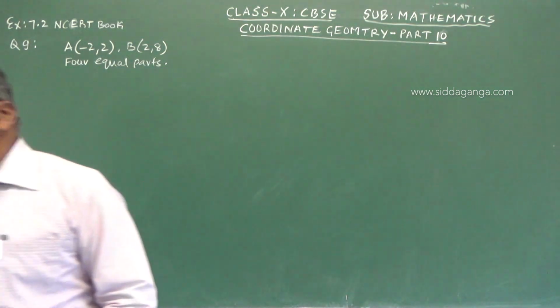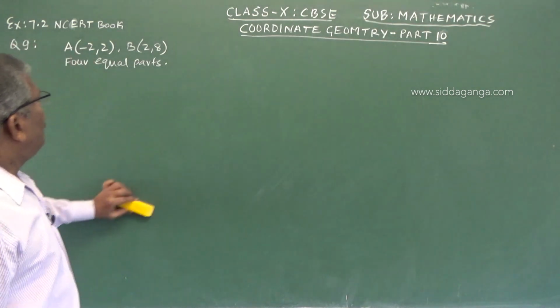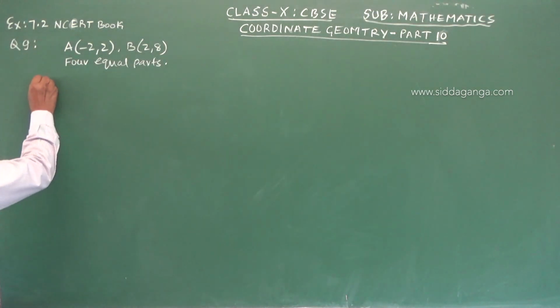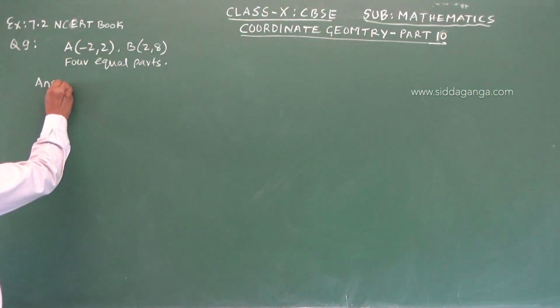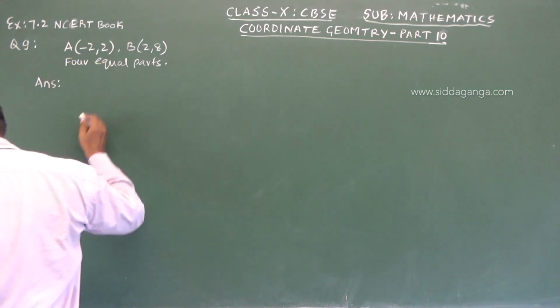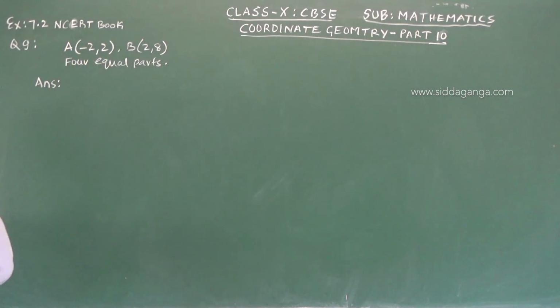So now let us understand the problem first. Line AB, coordinates are given.